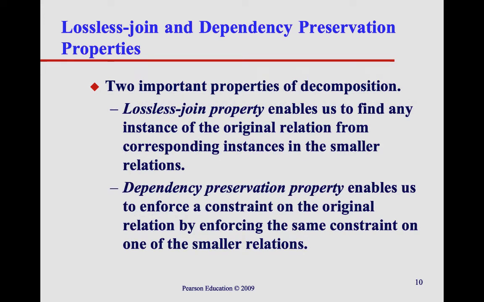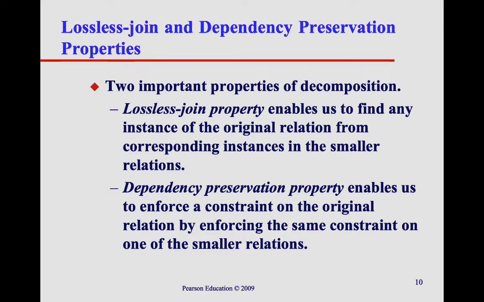Okay? So again, the way we're going to try to do that is to decompose our relations into smaller relations that don't necessarily have this duplication. And there's two important properties that we're going to have to maintain when we do it. One is called the lossless join.